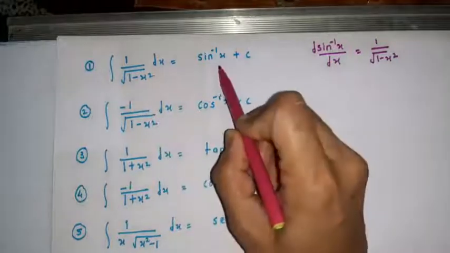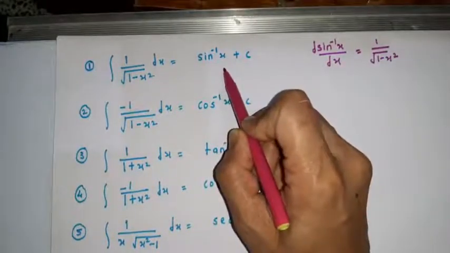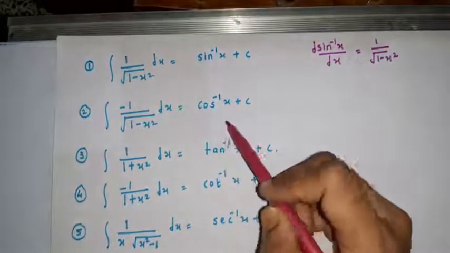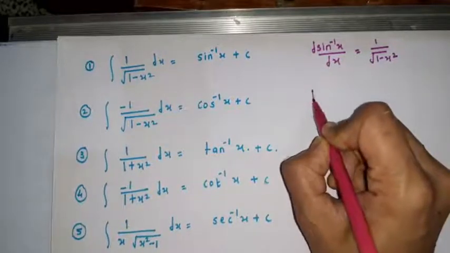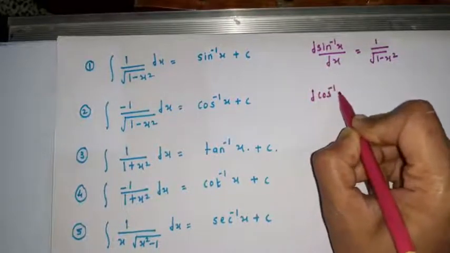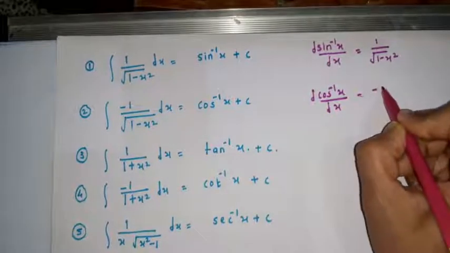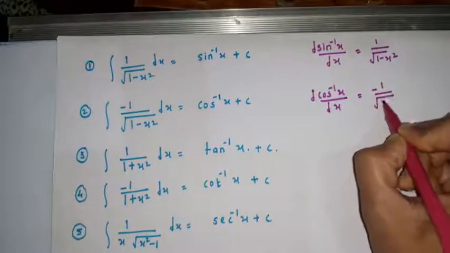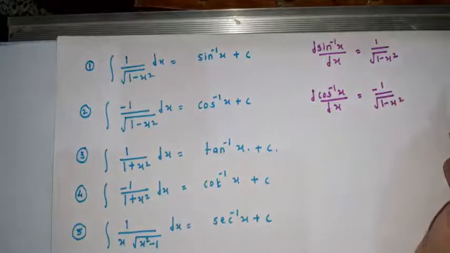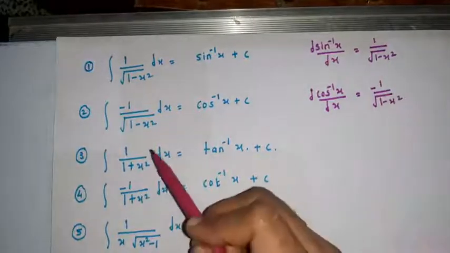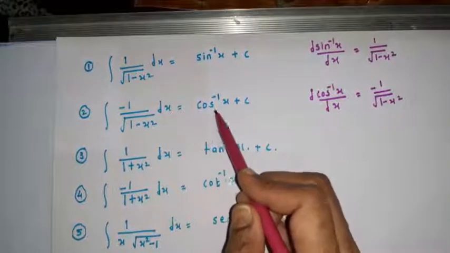Hence, its integration is sine inverse of x. Also, you know that the differentiation of cos inverse of x with respect to x is minus 1 upon square root of 1 minus x square, and hence its integration is cos inverse of x.